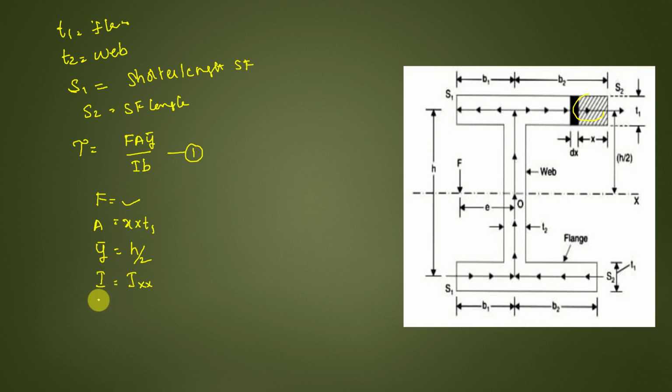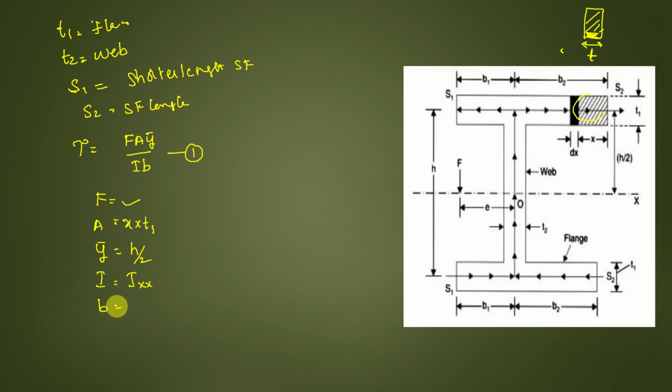Then B will be the width, so the flow will be like this. Consider this element like this, with this as the width and this as the thickness. I have rotated it 90 degrees so that it is exactly the figure here, right?